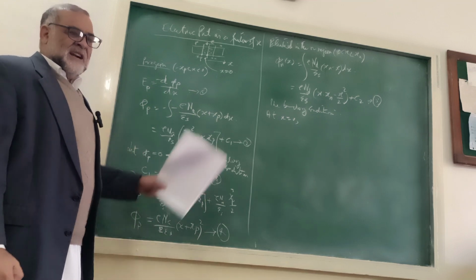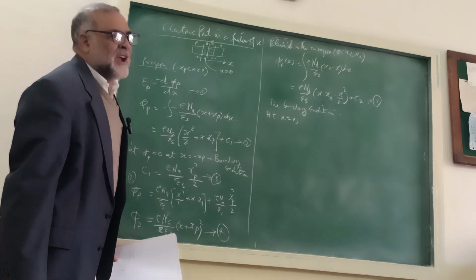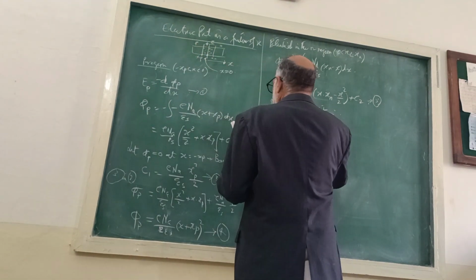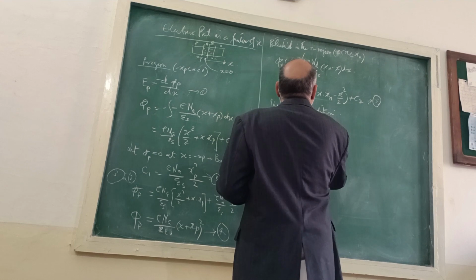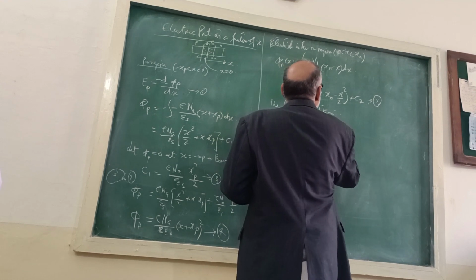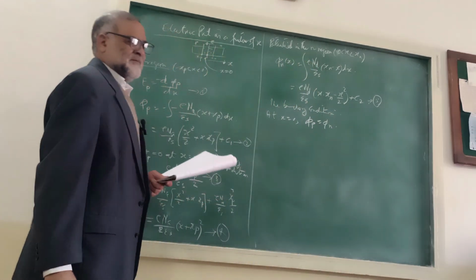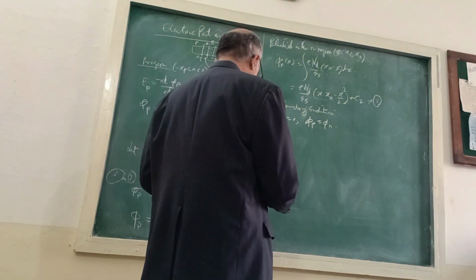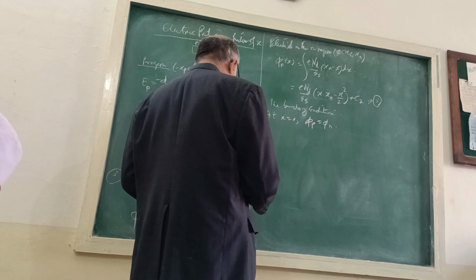It means at this point the two potentials will have the same value. At x equal to 0, phi p will be equal to phi n.